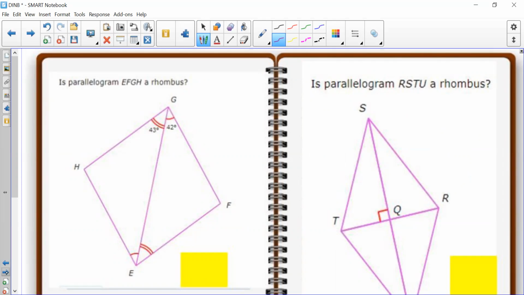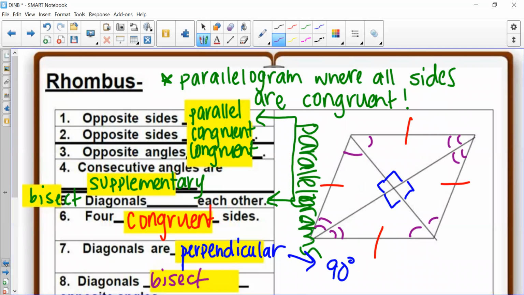So when I look at this, the only information that they gave me with numbers is angle G. They gave me that one part of it is 43 and one part is 42. Well, if we look back at our picture, I see that everywhere a diagonal is intersecting one of these 4 angles, the 2 pieces should be equal.